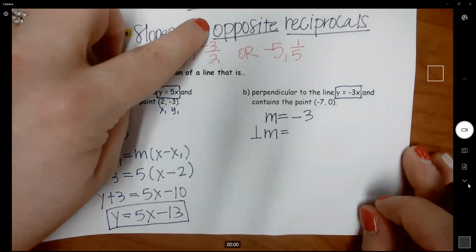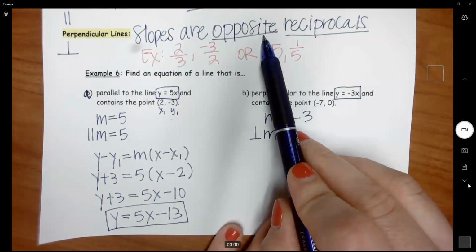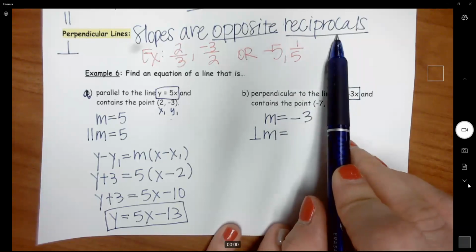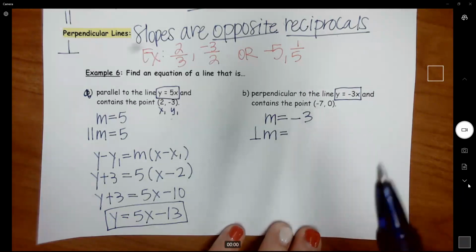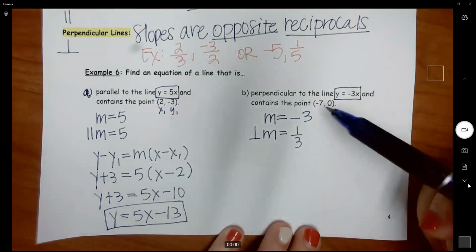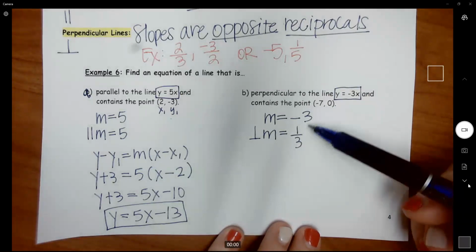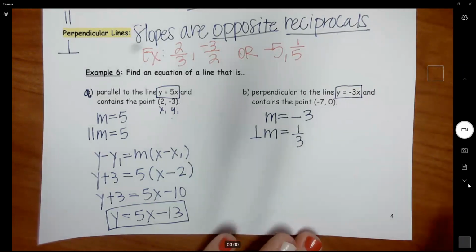Perpendicular slopes have opposite reciprocals. Again, opposite meaning one positive, one negative, and reciprocal meaning flip that fraction. So my perpendicular slope to -3 is a positive 1/3. One is negative, one is positive. I can write 3 as 3/1, and now I flip that fraction to 1/3.